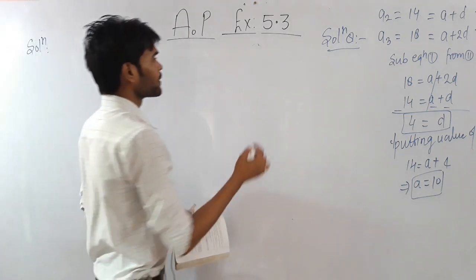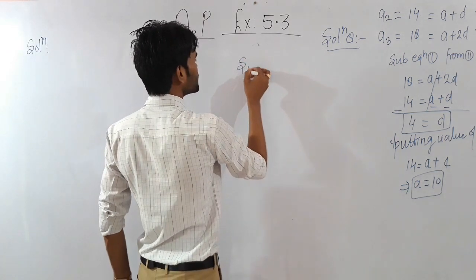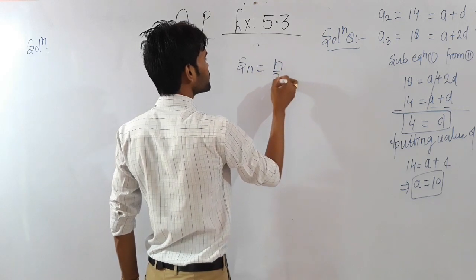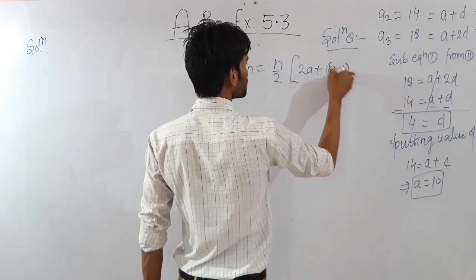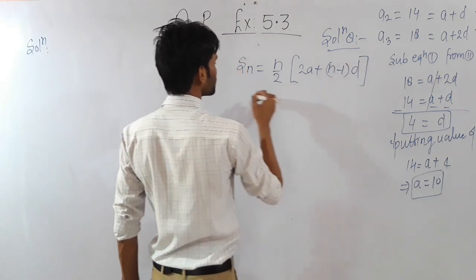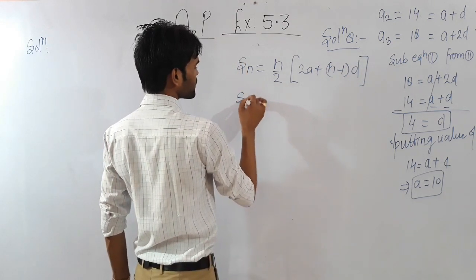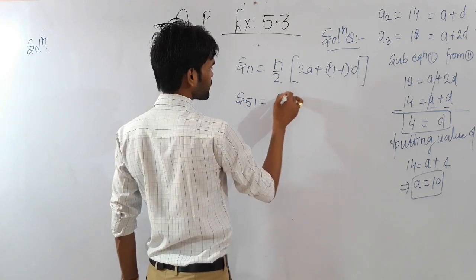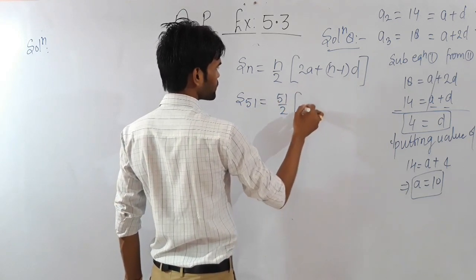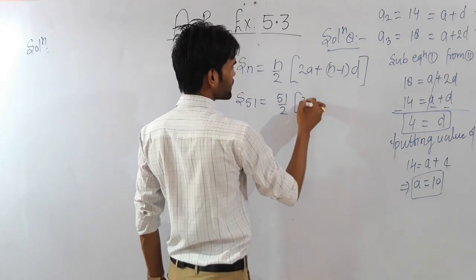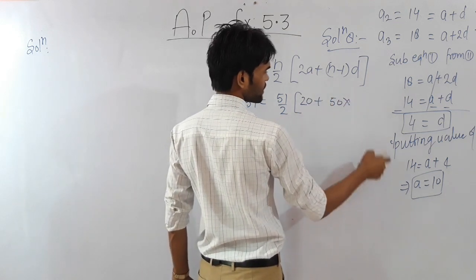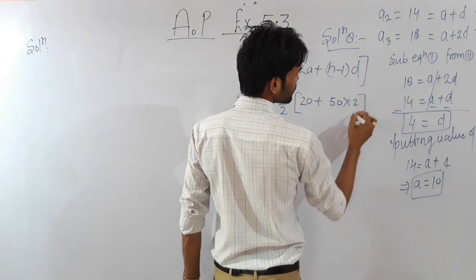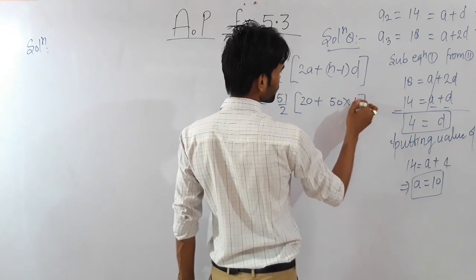देखो यहाँ पर आप यूजिंग द फार्मूला Sn equals to n by 2 into 2a plus n minus 1 into d. It will become S51 equals to 51 by 2 into 2a means 20 plus n minus 1 means 50 into d means what, 4.